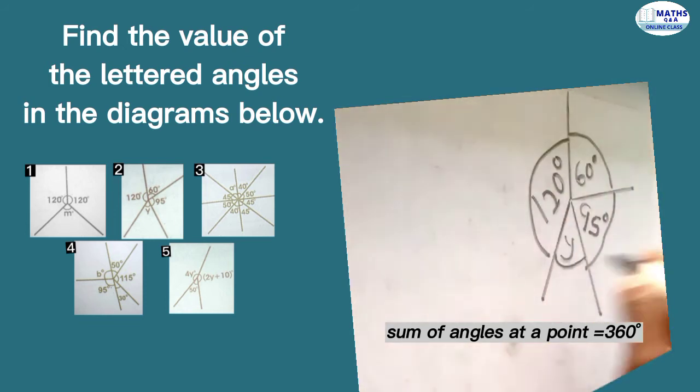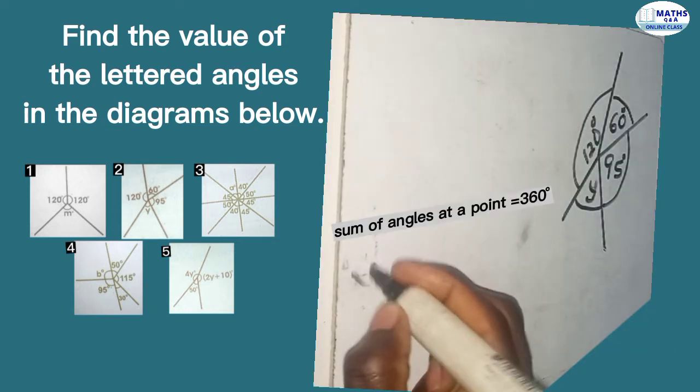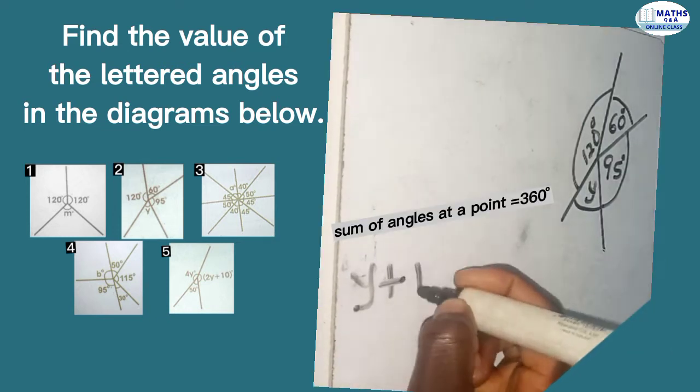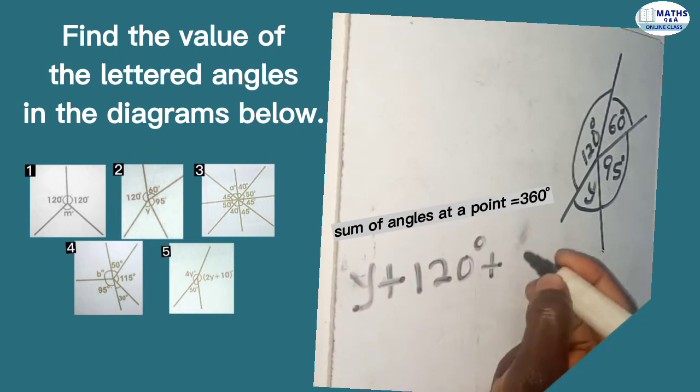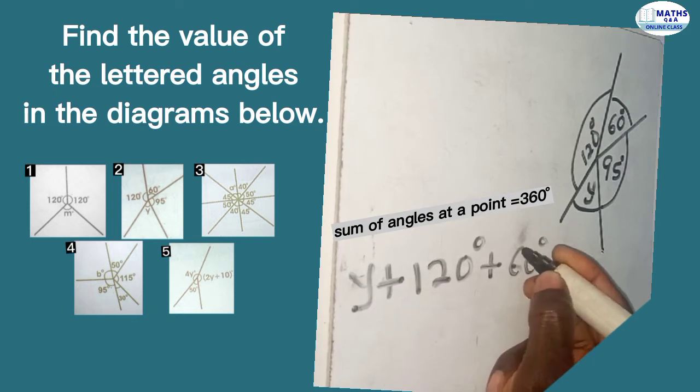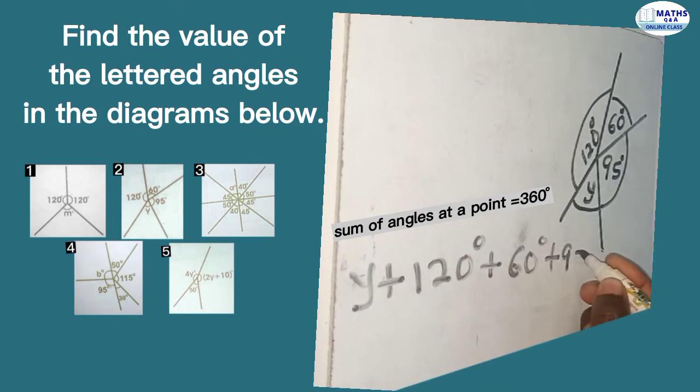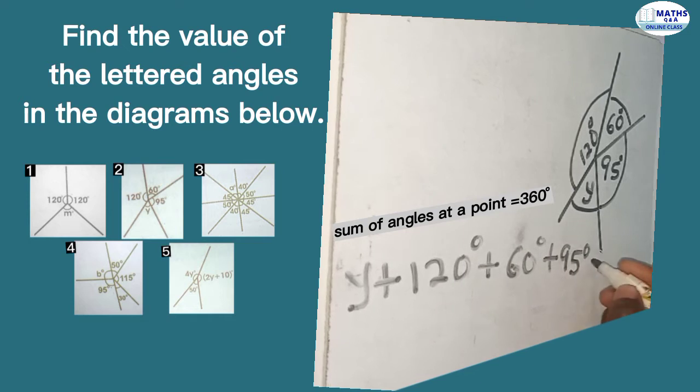Then you add all these angles, you equate that to 360. So let's do that. We have Y plus 120 degrees plus 60 degrees plus 95 degrees, and all of these is equal to what? 360 degrees.